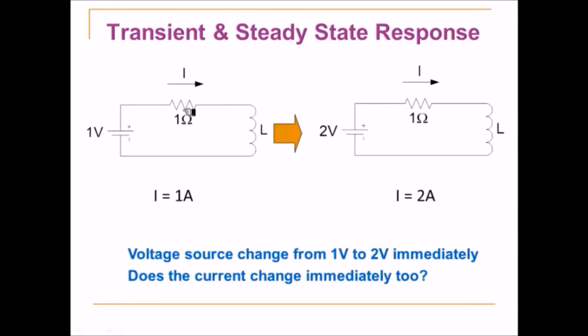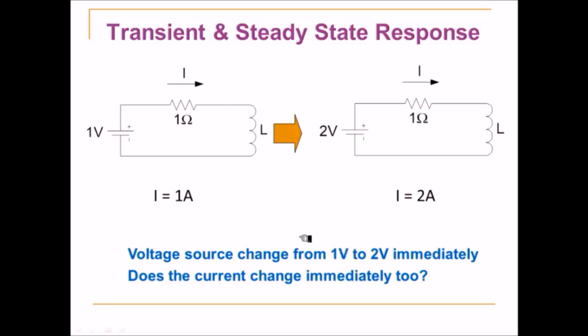Consider the case when a resistor and inductor are connected in series. The voltage source changes from 1 volt to 2 volt immediately. Does the current change immediately too? When you apply 1 volt, current flowing through the circuit is 1 ampere. When you apply 2 volt, current flowing through the circuit is 2 ampere.